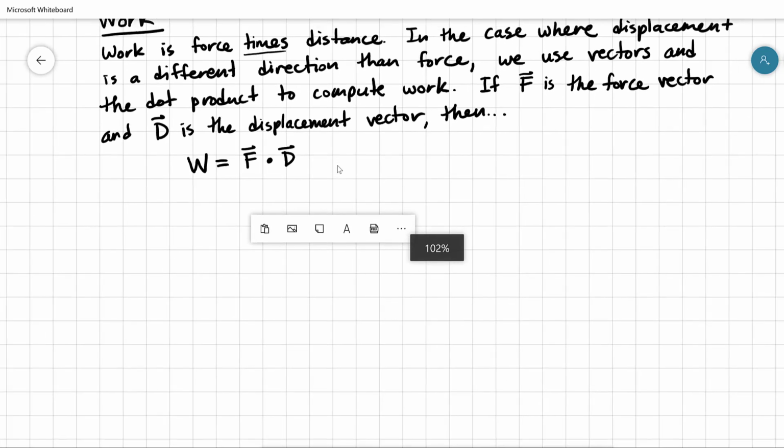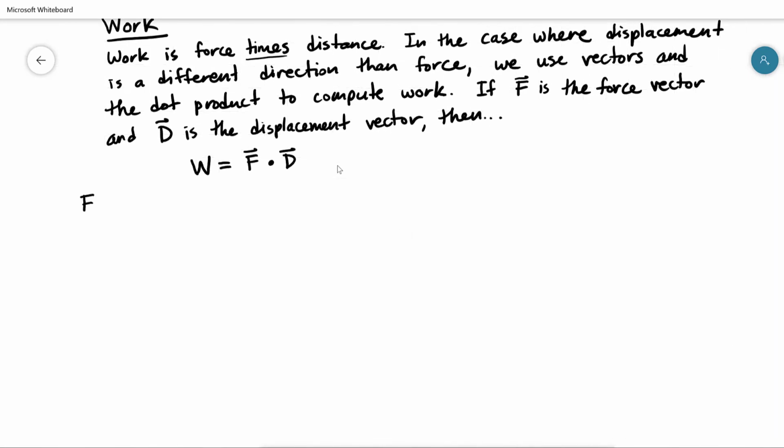So, for one last quick example, let's do one of these problems. Let's see here. I want to find the work done by gravity.